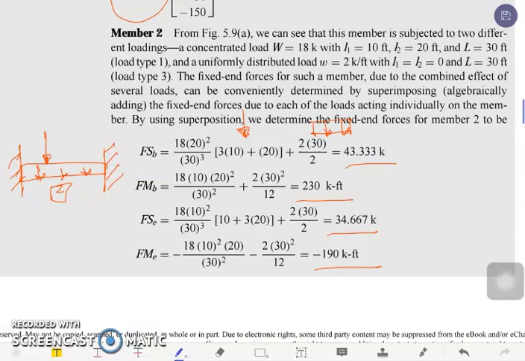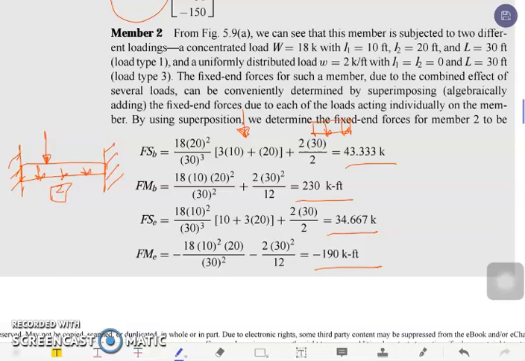Those are the loadings, and you have to identify capital L as the length of the member. The small l, you have l sub 1 and l sub 2, which refer to the location from the end point of our member towards our concentrated load, as identified in our figure.